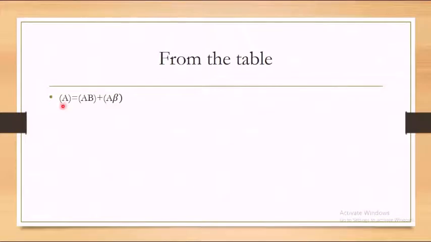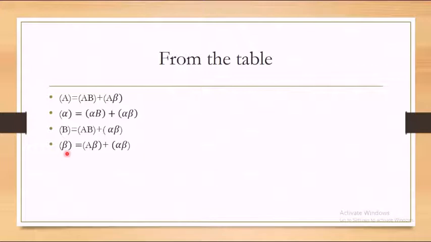So from the table you can write A is equal to AB plus A beta, alpha is equal to alpha B plus alpha beta, B is equal to AB plus alpha B, and beta is equal to A beta plus alpha beta.